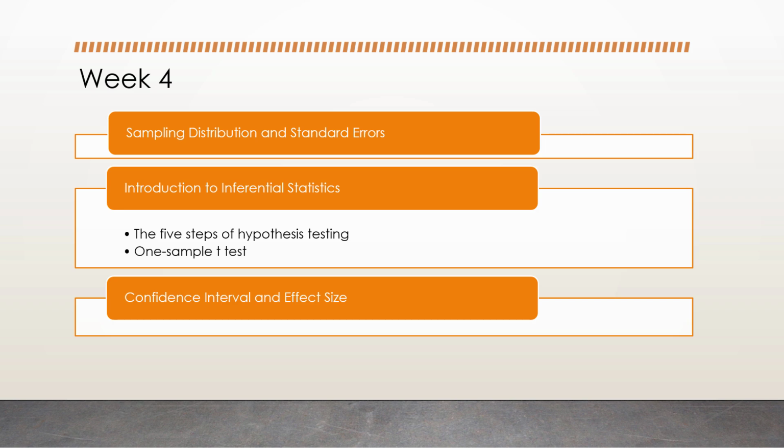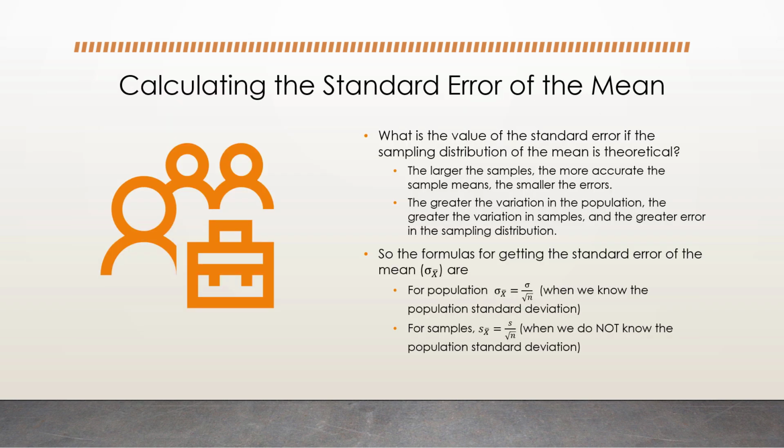Hi, class. In our discussion about the sampling distribution of the mean, we learned that the standard error is calculated as the standard deviation divided by the square root of the sample size. In statistical analysis, we almost always use sample data, not population data.